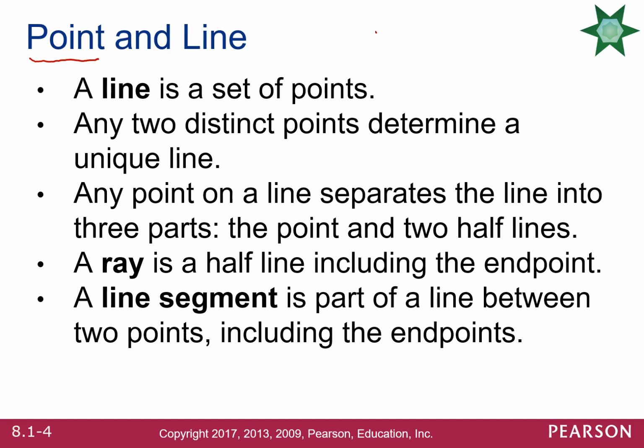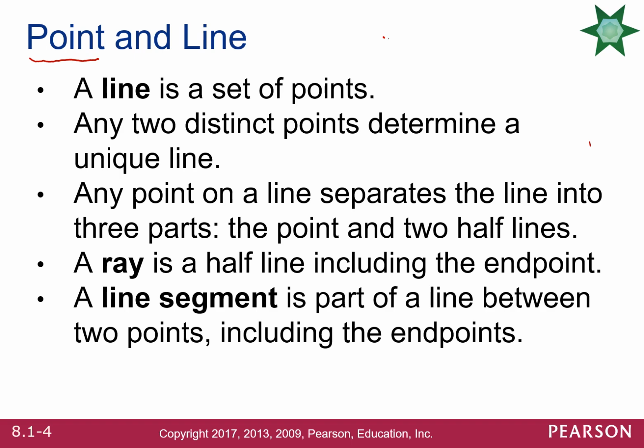All right. Now, a line is a set of points. So if we have a bunch of points and we connect them together, what we get is a line. Sorry about that figure. Let me try to do a better job with it.